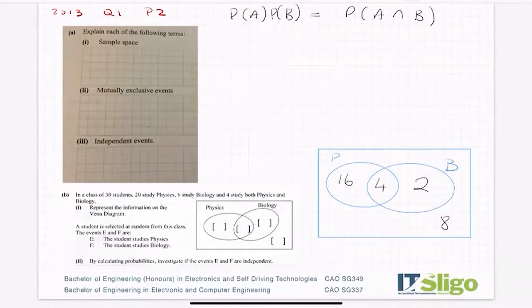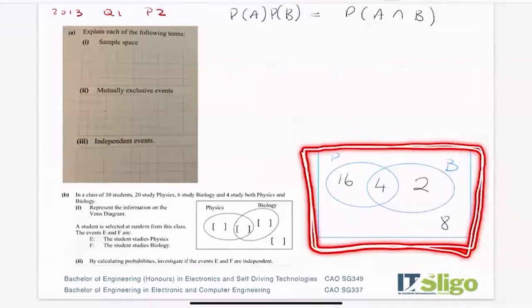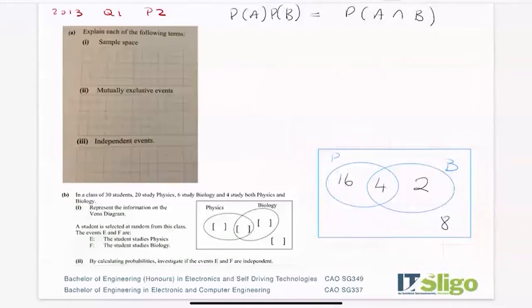Okay, now probabilities. This is why I suppose I did the Venn diagram over here, because that's a traditional Venn diagram rather than a probabilities Venn diagram. It didn't specify here, so I would love to know which way they wanted it.